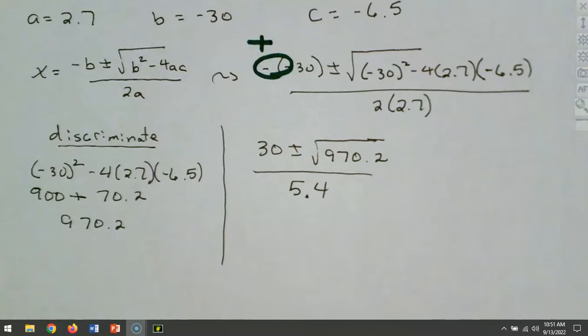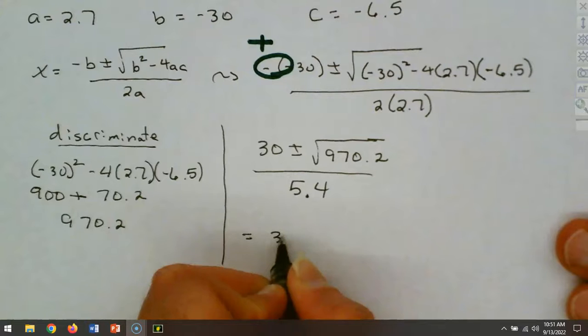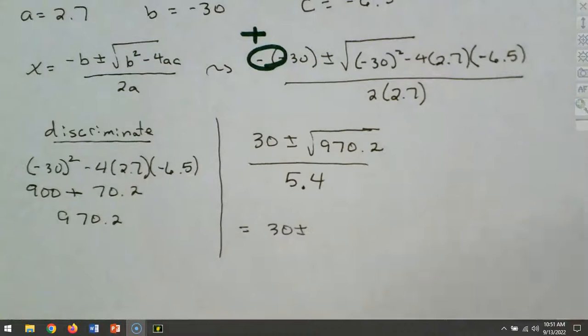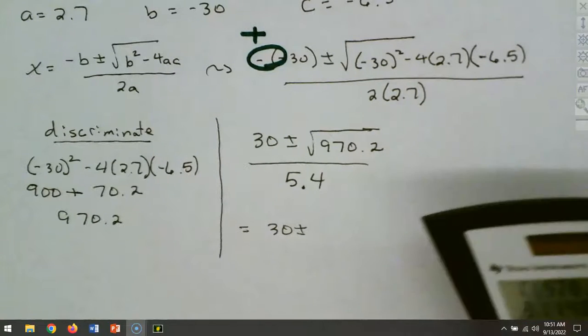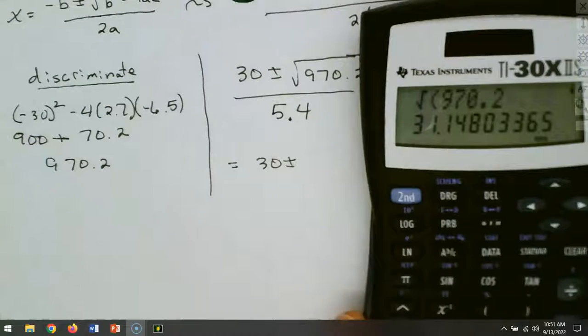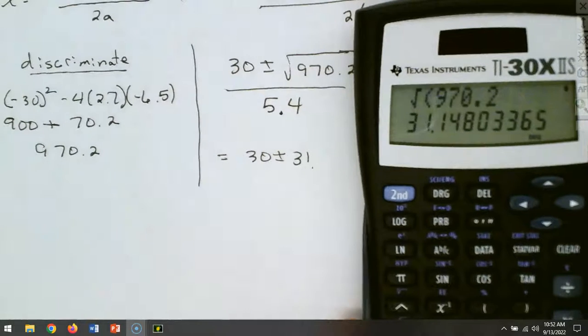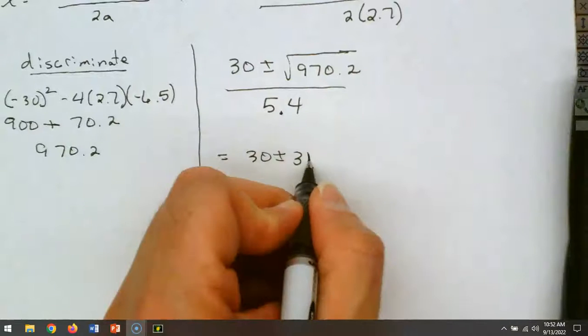So we got to this point. Okay, let's go ahead and break it up and see what we get. So now we have 30 plus or minus the square root of that 970.2. That's going to come out to be this, right? Square root of that 970. That's going to be 31.148 if we round.